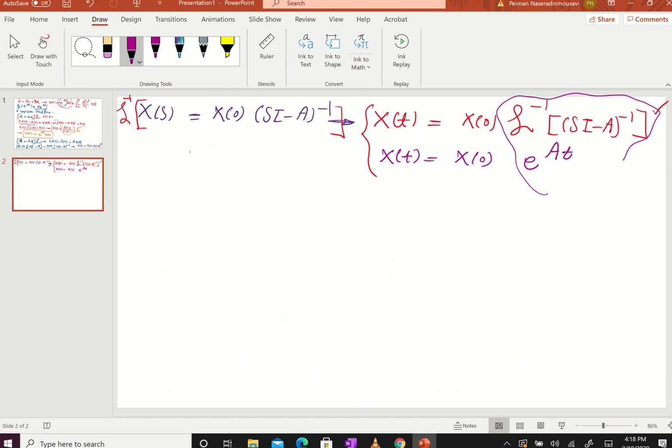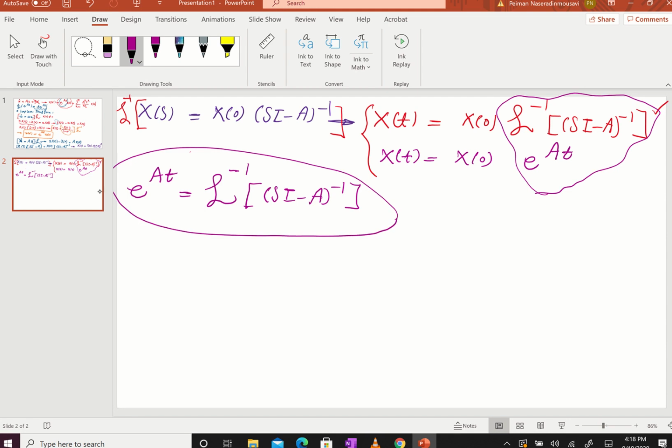So we can conclude that the matrix exponential e^(At) is the inverse Laplace of (sI minus A) inverse. Bingo. This is very important, guys. This is how we calculate it: by taking it to the Laplace domain and then going back by the inverse Laplace to the time domain. Understand? So we got the solution of that.